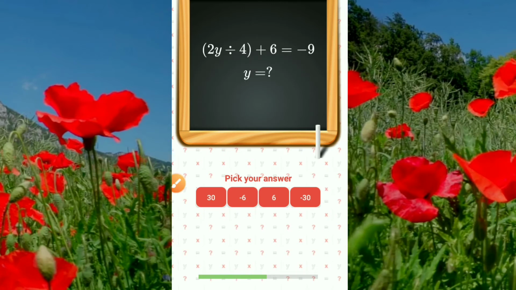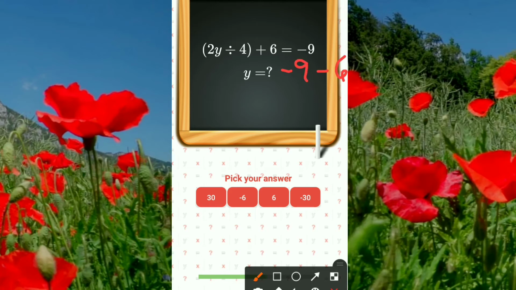So next, 2y divided by 4 plus 6 equals negative 9. So we need to remove the 6 from the left by subtracting 6 from both sides. So yan. Negative 9 minus 6.